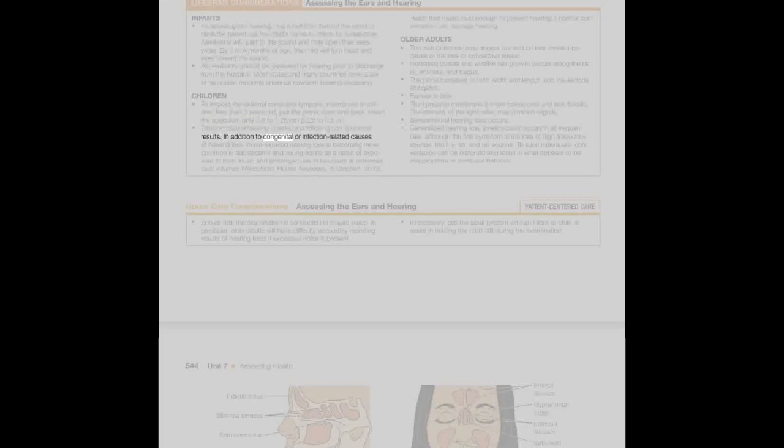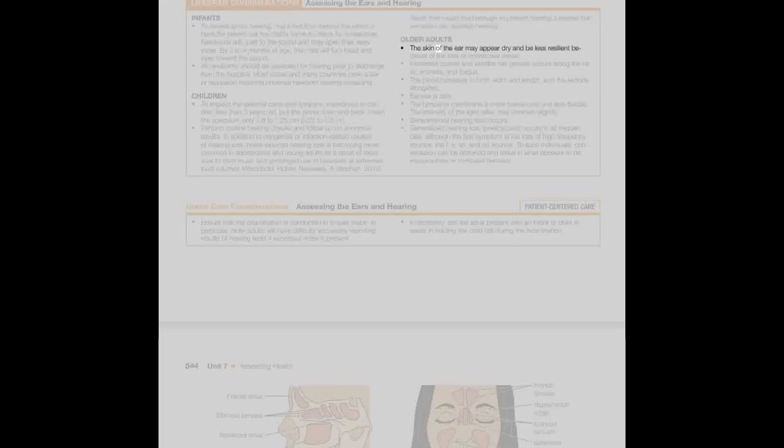In addition to congenital or infection-related causes of hearing loss, noise-induced hearing loss is becoming more common in adolescents and young adults as a result of exposure to loud music and prolonged use of headsets at extremely loud volumes. Weichbold, Hasler, Nesbit, and Stefan, 2012. Teach that music loud enough to prevent hearing a normal conversation can damage hearing.